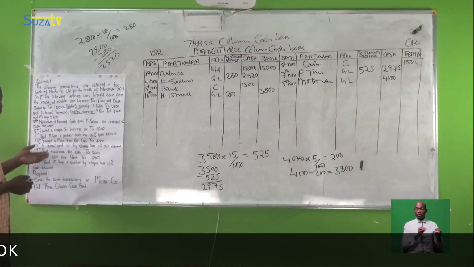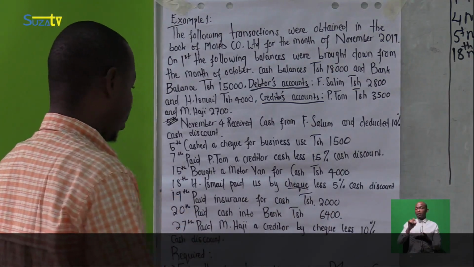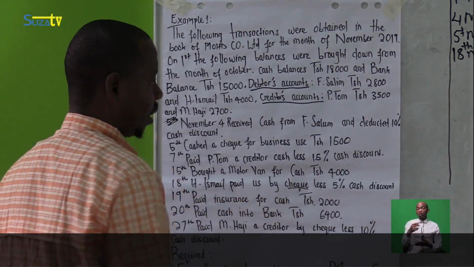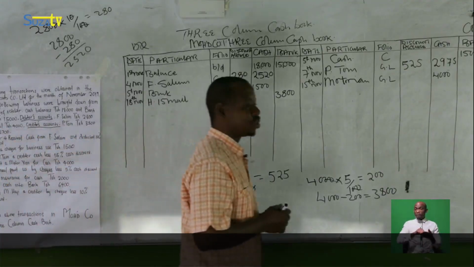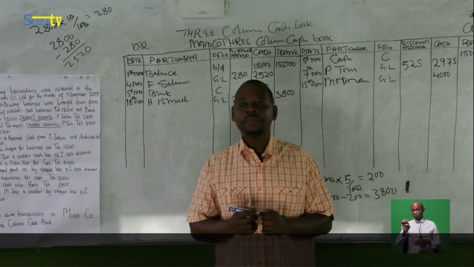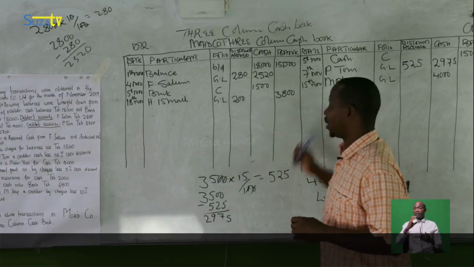Paid insurance for cash 2,000. It means the business has paid the insurance company 2,000. The payment side within the cash book is the credit side.